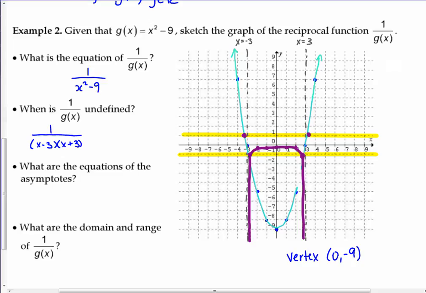When it's approaching 0, the reciprocal of a really small number is really large. We have another point at 4 and 7. So that's going to become 4 and 1 over 7. So really close to 0 there. And really close to 0 here.